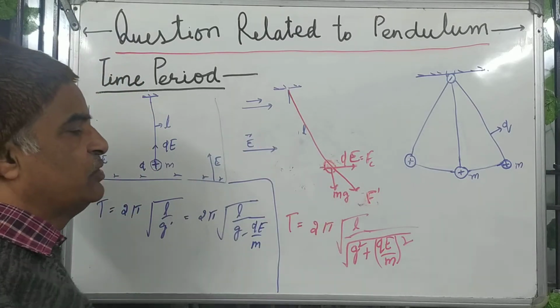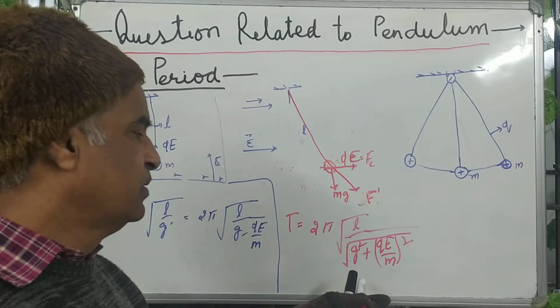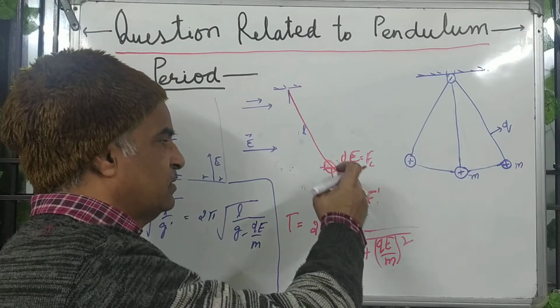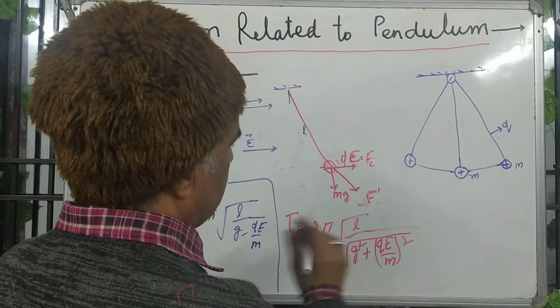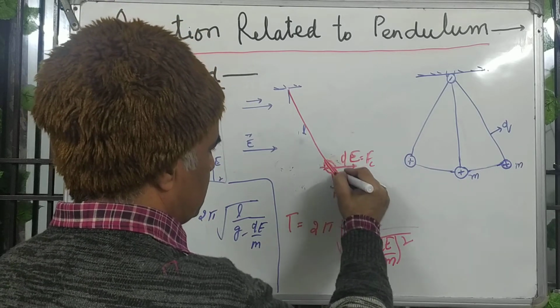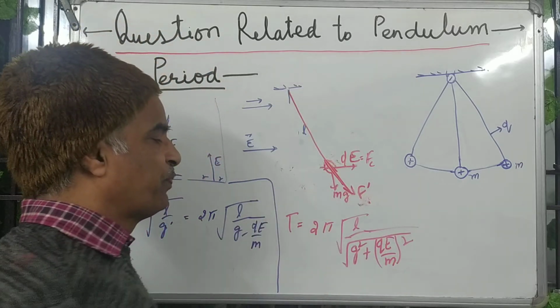This is the equilibrium position of the pendulum, and at the equilibrium position the effective force acts along this, F dash, a straight line.